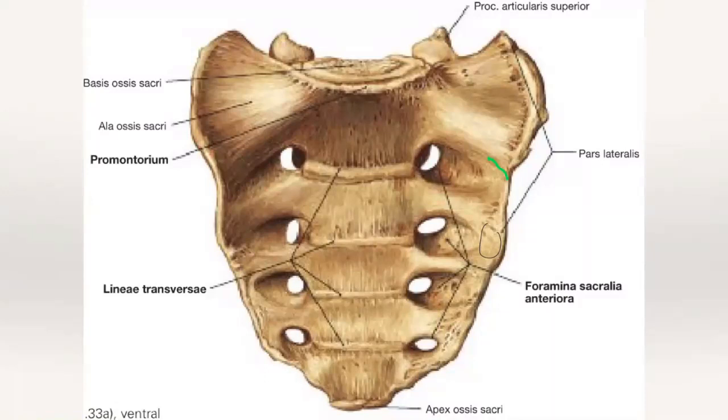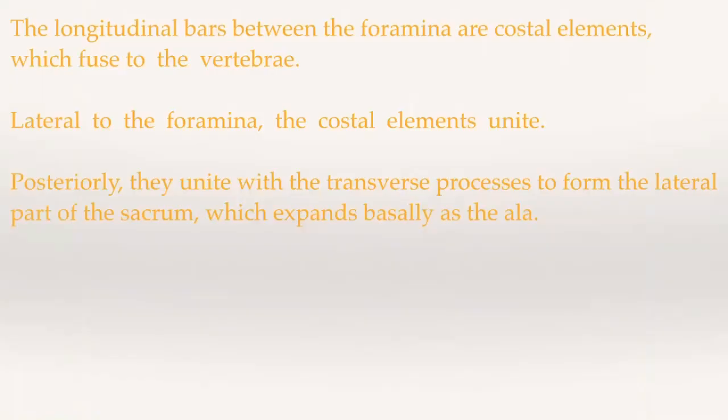You see, this is the costal element. Lateral to this costal element, all the costal elements unite. Posteriorly, they unite with the transverse process to form the lateral part of the sacrum, which expands basally as the ala. Okay, the lateral surface is also formed by the costal elements of S2 to S5.